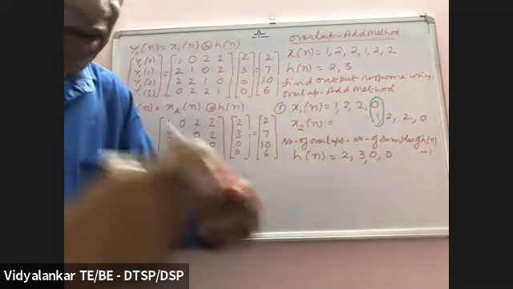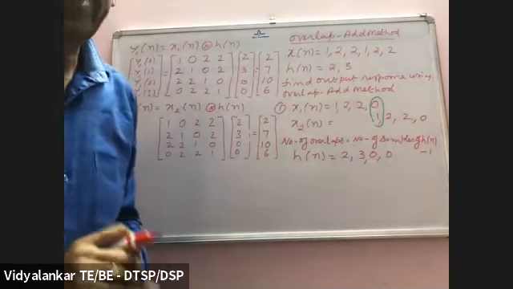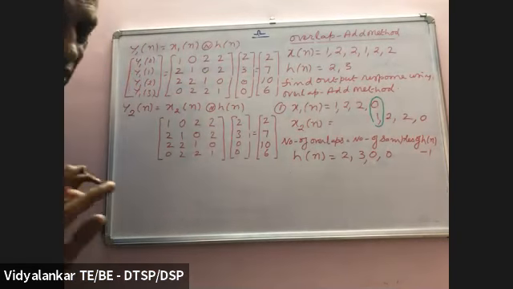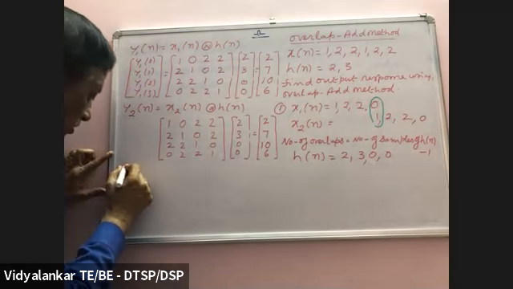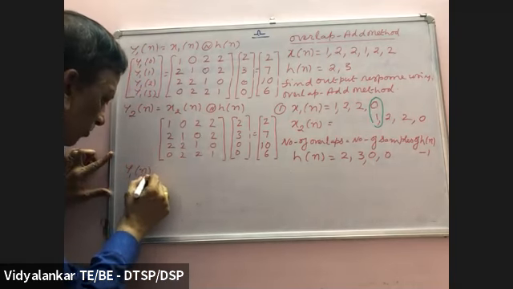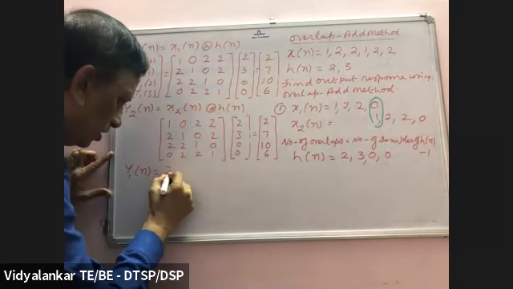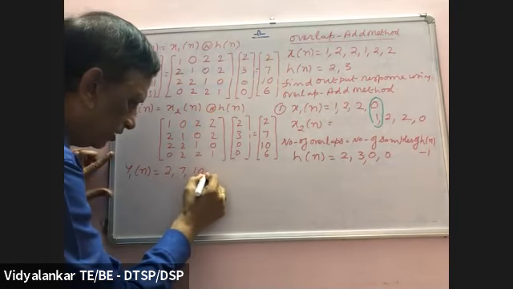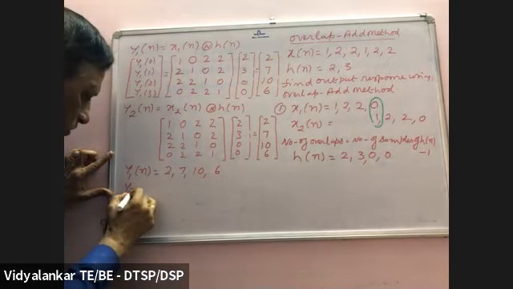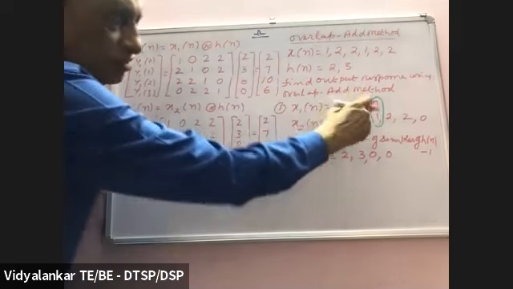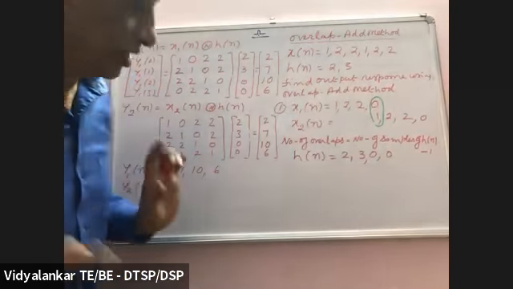With Y1n and Y2n with one overlap, we have to write the answer. Everyone, close the observer and note this down. First, I am taking the Y1n values: 2, 7, 10, 6. Then Y2n with one overlap, because we have only one overlap.